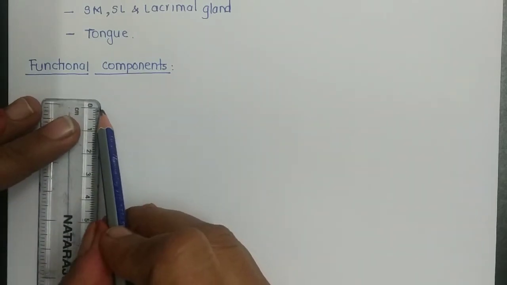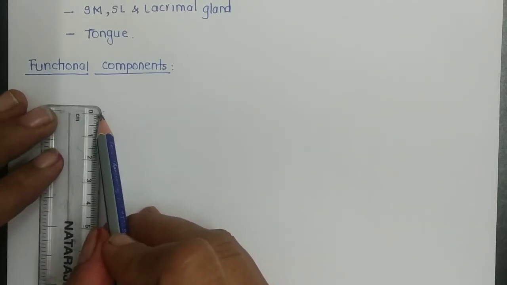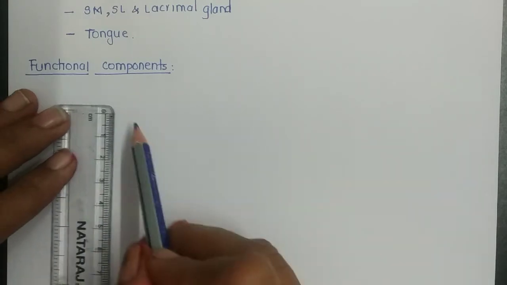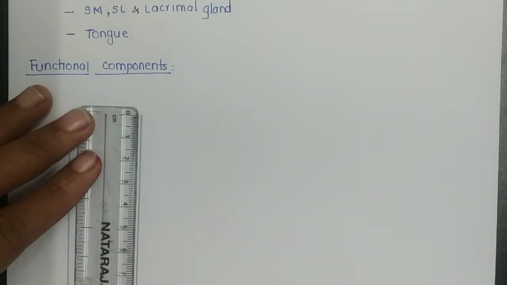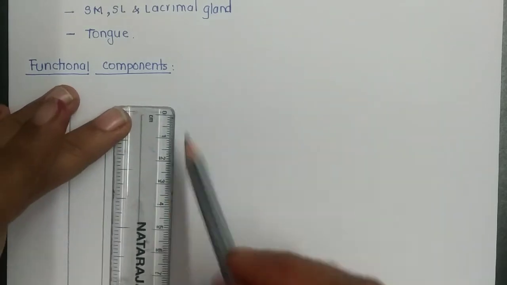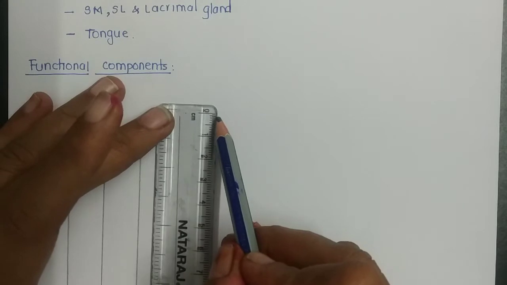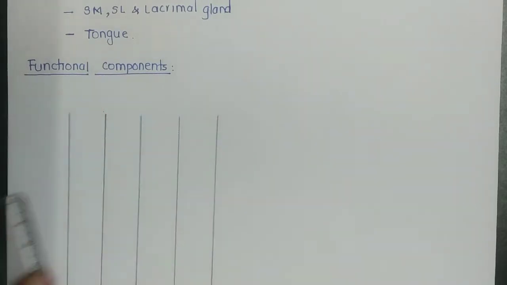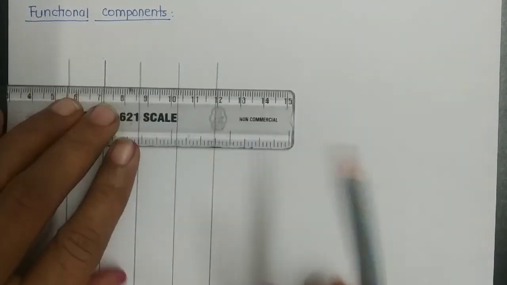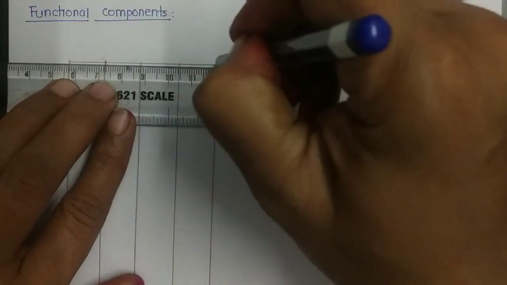So this is the first column. This is the second. This is the third. And this is the fourth column. Now this additional column we will do to show the schematic division of the brain stem into the midbrain, pons and medulla.